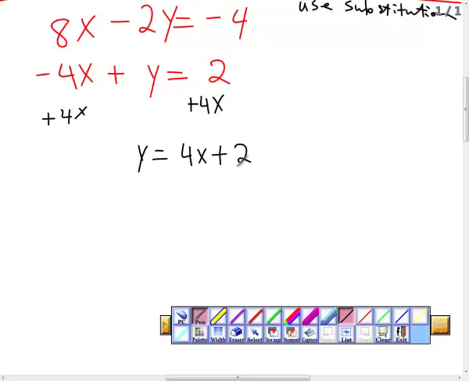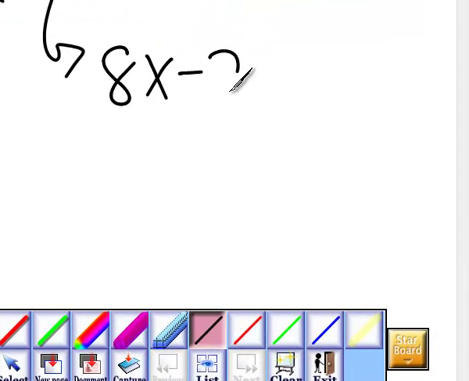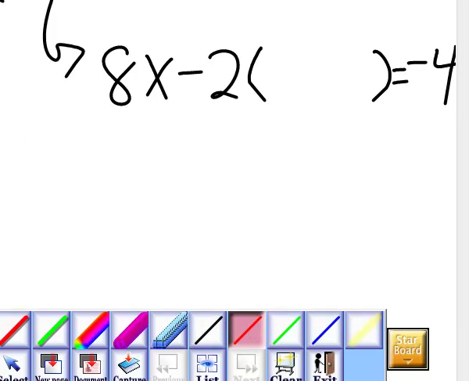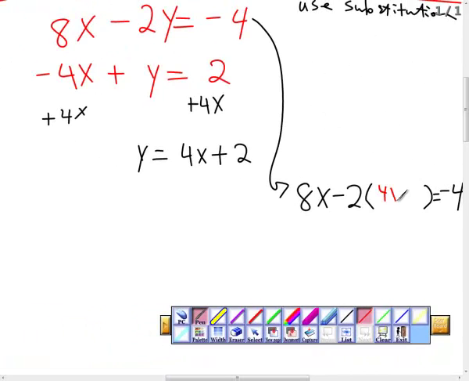Now what do we do with this 4x plus 2? Plug it into where? The y for the first equation, right? So we're taking this and saying 8x minus 2, and then where the y was, we put parentheses in there, equals negative 4. And what's going to go in there for y? 4x plus 2. Right, the 4x plus 2.